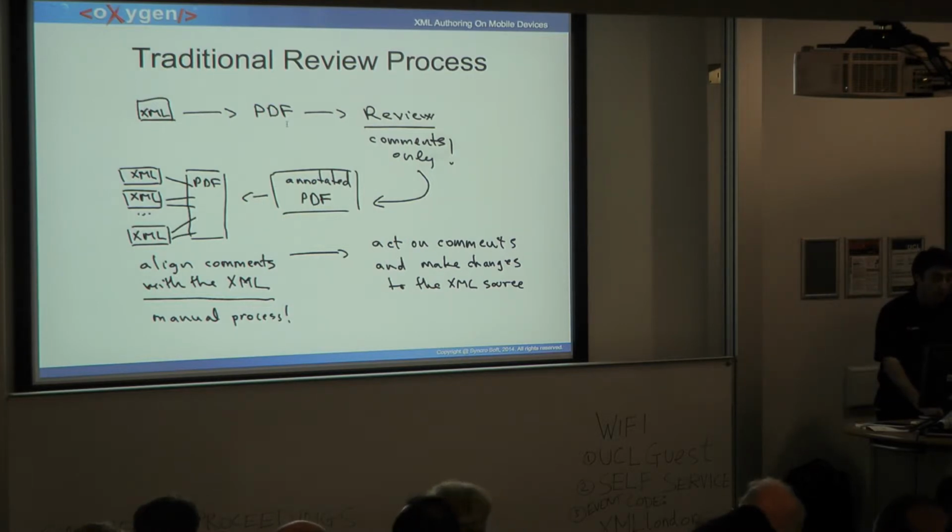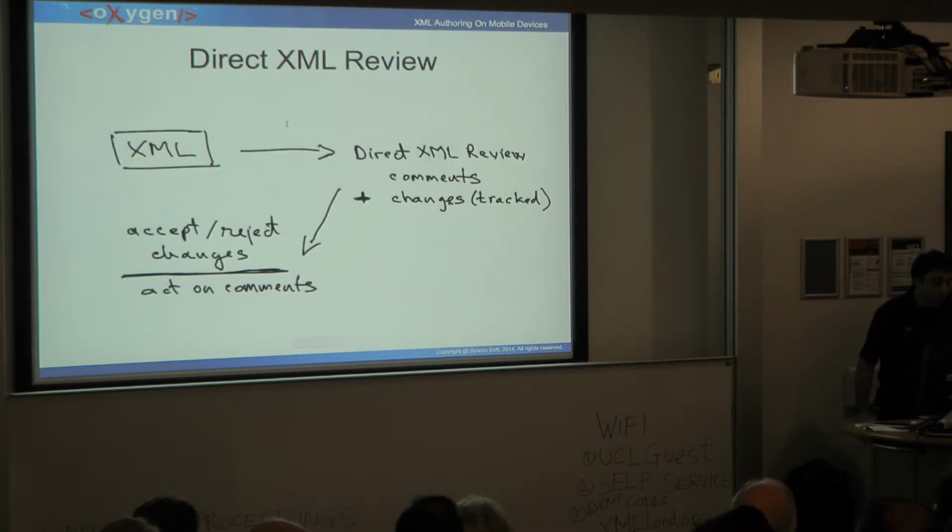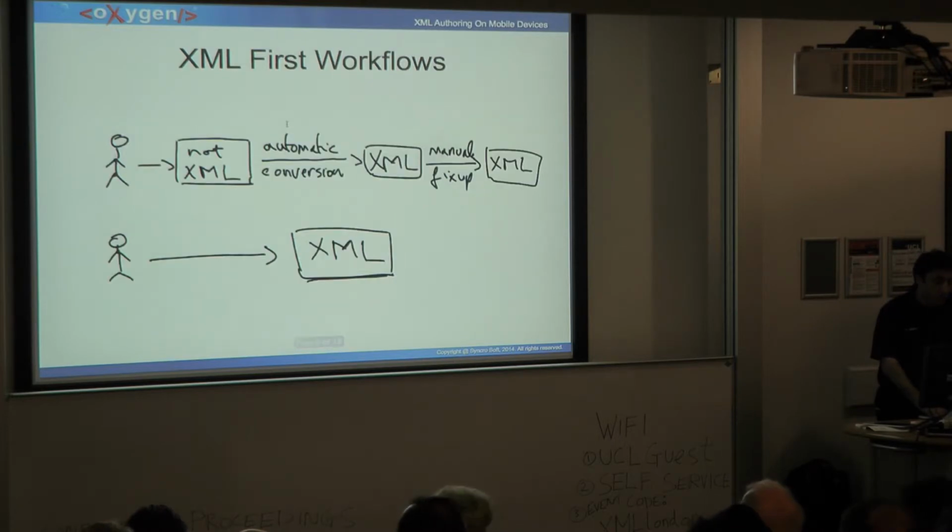It's not that easy sometimes, especially if you have multiple XML documents that generate a single PDF output. So we want that to be replaced with direct XML review, where we store the comments directly on the XML documents, and not only comments but also changes like additions, deletions, and so on.